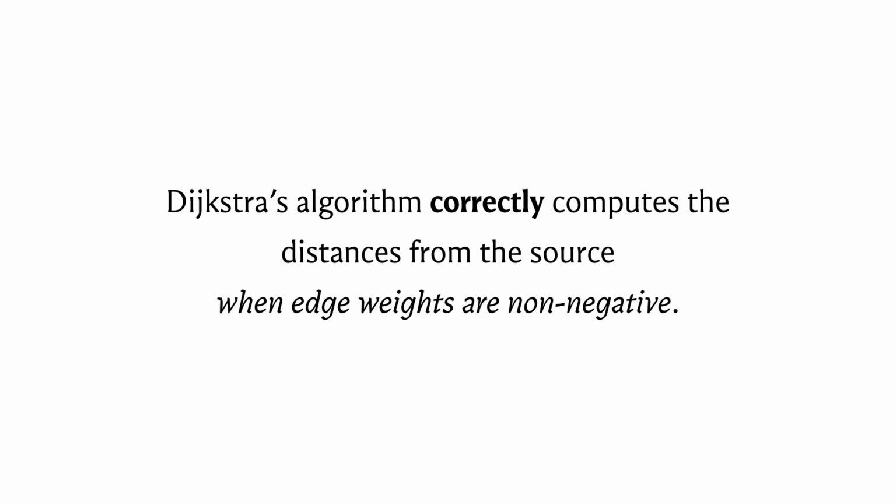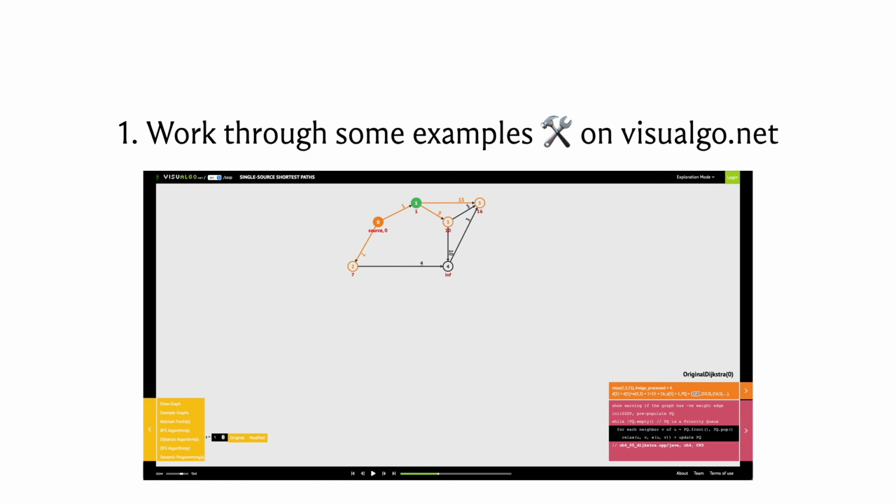So now that you know the mechanics of what Dijkstra's algorithm does, there are a few things that you can do from here. The first is to play around with some examples, especially if you're seeing this algorithm for the first time. I think it's really helpful to build up your intuition by just working through a few examples, simulating what the algorithm would do and so on.